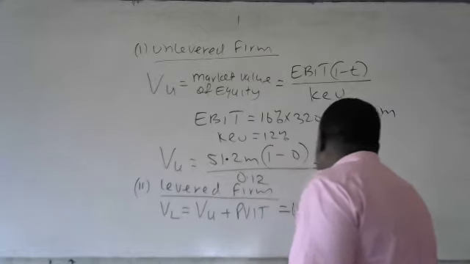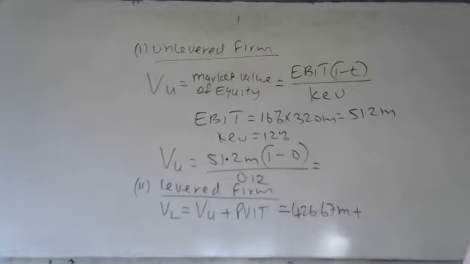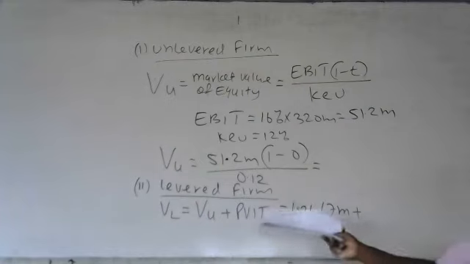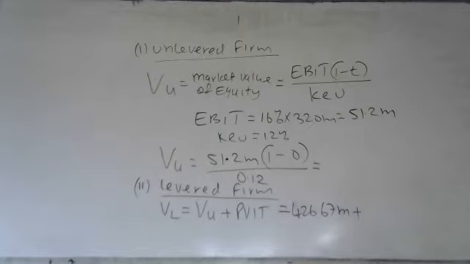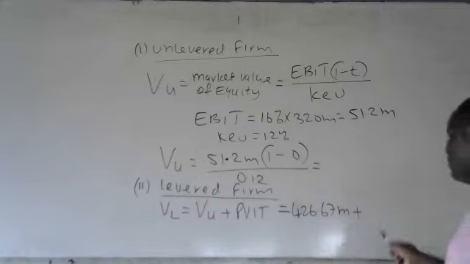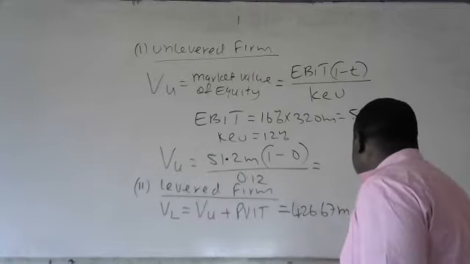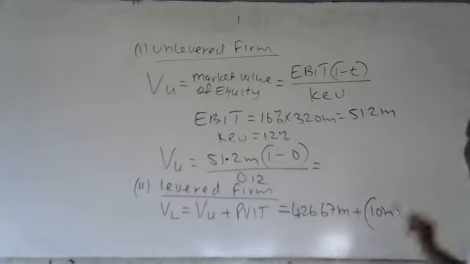Remember I gave you the formula for the present value of the interest tax benefit. You simply take the debt multiplied by the tax rate. In Roman letter 2, the debt is 10 million, so you are to multiply the 10 million by the tax rate, but now it is not there. They say without the tax.